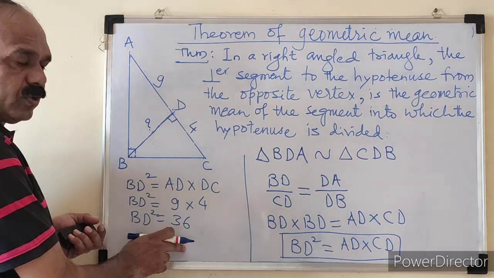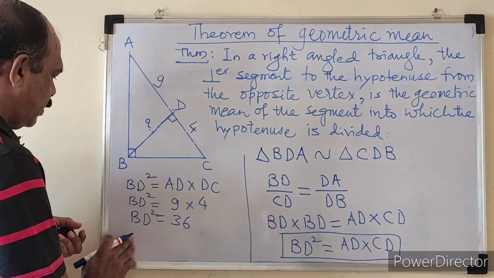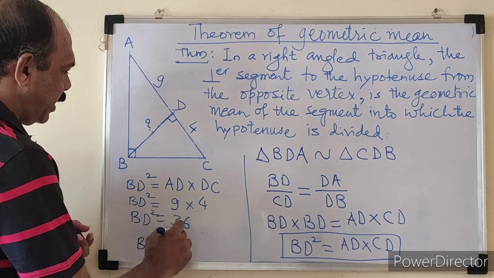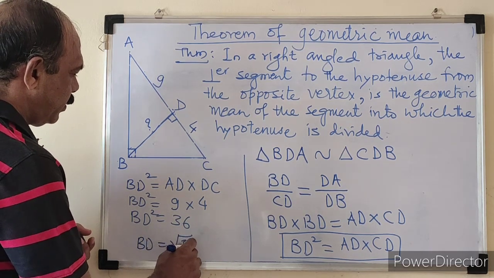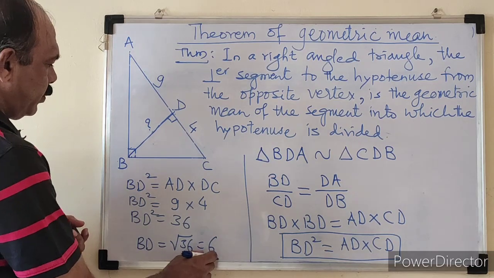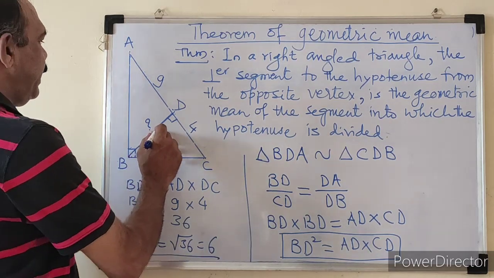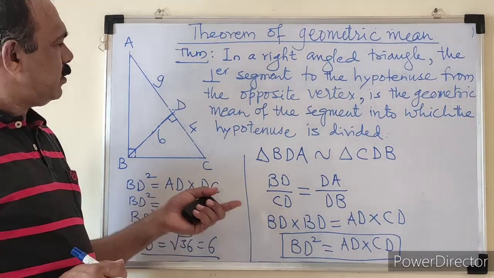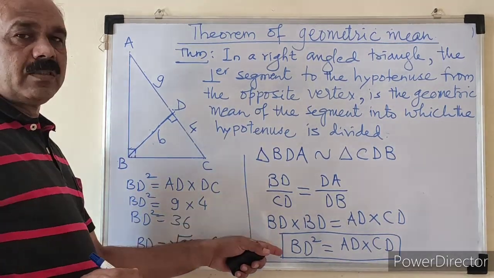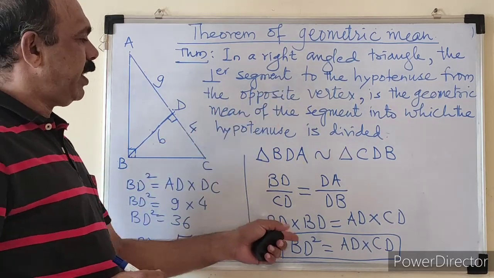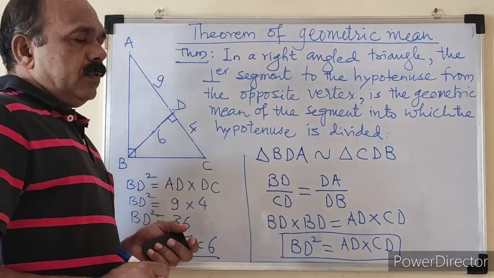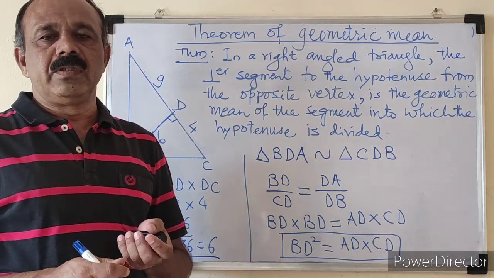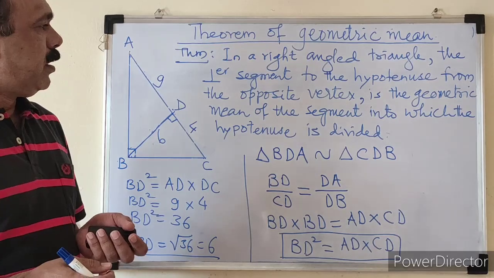So take the square root of both sides, that is the square root of BD square is BD, and the square root of 36 is 6. So therefore the length of BD is 6. In this way we can solve such types of examples with the help of this geometric mean. Such types of examples are given in the practice set 2.1. You can solve those examples.